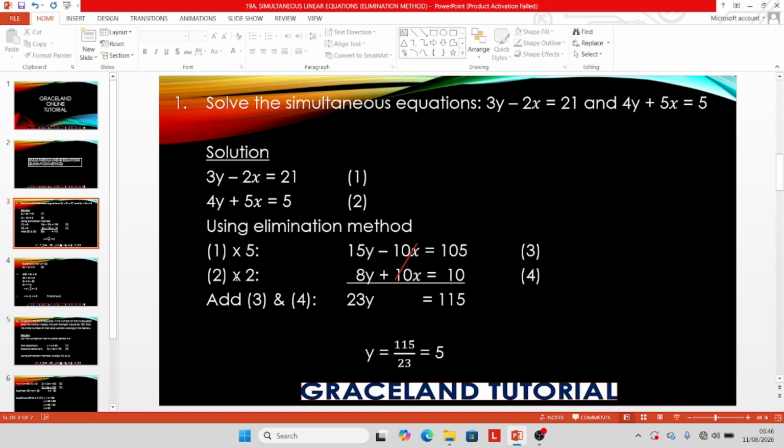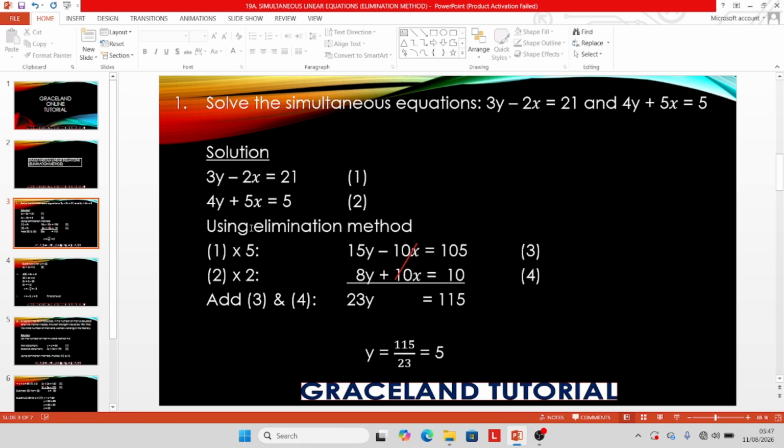Now let's do that. We multiply equation 1 by 5. That gives us 3y times 5, which is 15y, minus 2x times 5, which is minus 10x, equal to 21 times 5, which is 105. That results in equation 3.